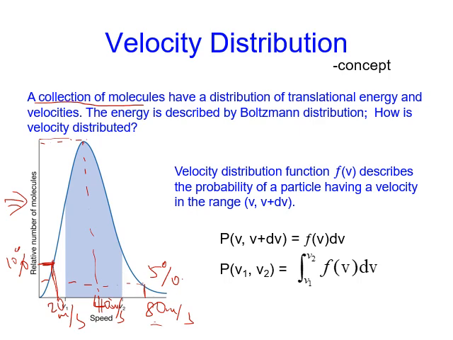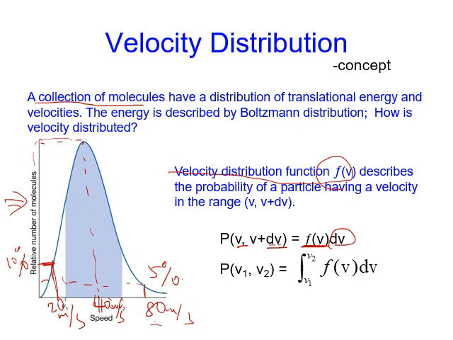So you have a distribution of molecules. Some go faster, some go slower, and you need to know the percent of molecules with a certain velocity. This is called the velocity distribution. The velocity distribution function also describes probability. For example, the probability of a molecule having a velocity between v and v plus a very tiny change dv is the percent of molecules with v times the range dv.